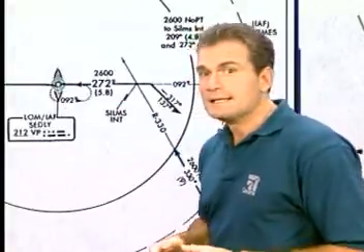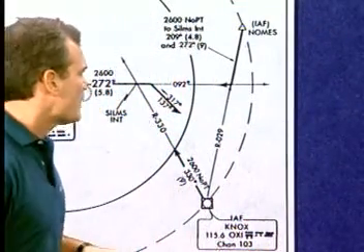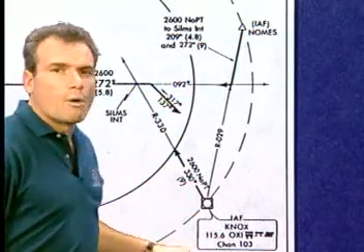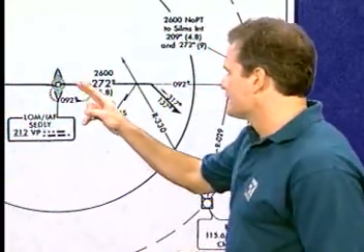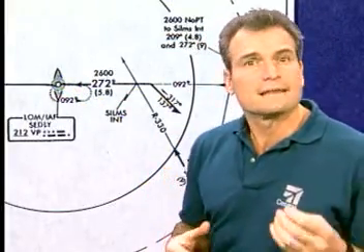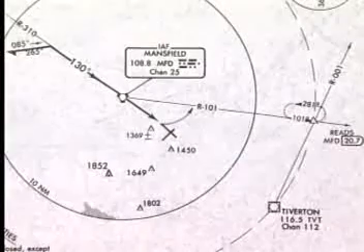For instance, this NDB approach for Valparaiso, Indiana has 3 IAFs, and they are Gnomes up here, Knox VOR, and Sedley. In a case like this, you'd use the initial approach fix that was closest to your route of flight. As with DPs and STARs, arrow styles distinguish between the approach track and other information.